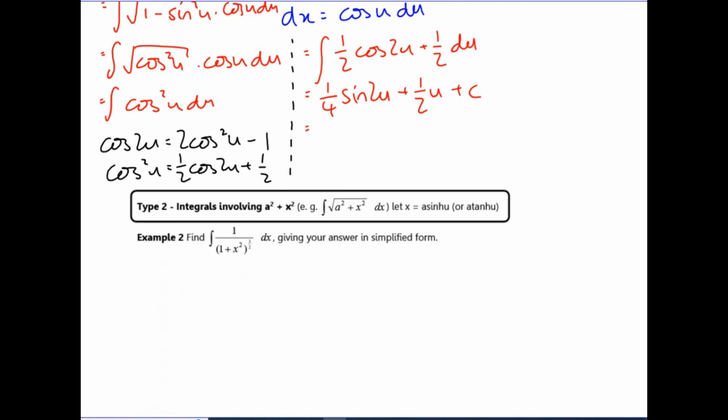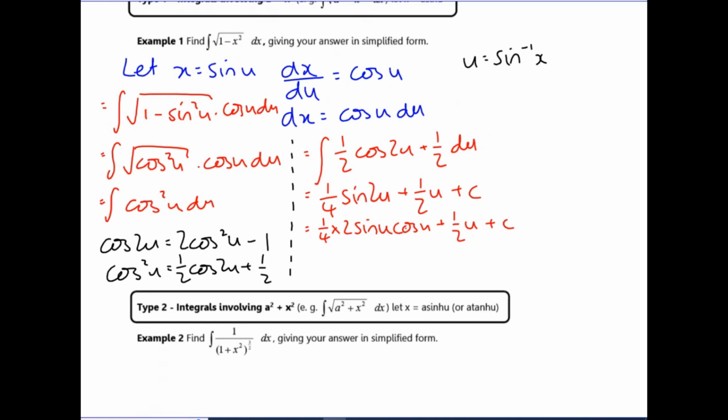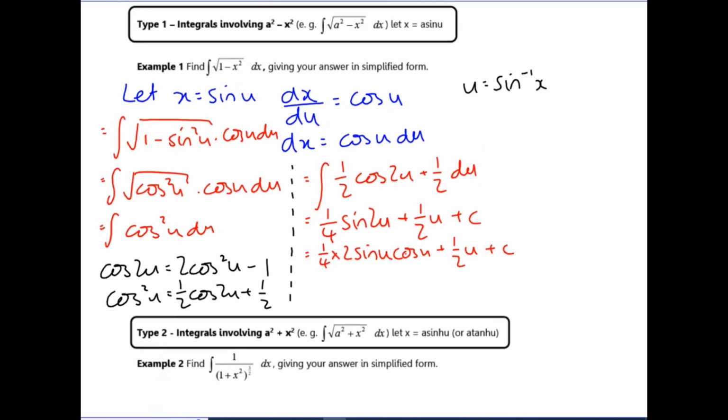Instead, what I'm going to do is use my double angle formula for sine to write it as 2 sine u cos u. Now sine u will just swap for x. We need to write cos in terms of sine, and we can use the identity cos squared plus sine squared equals 1 as well, to write cos u as root 1 minus sine squared u.